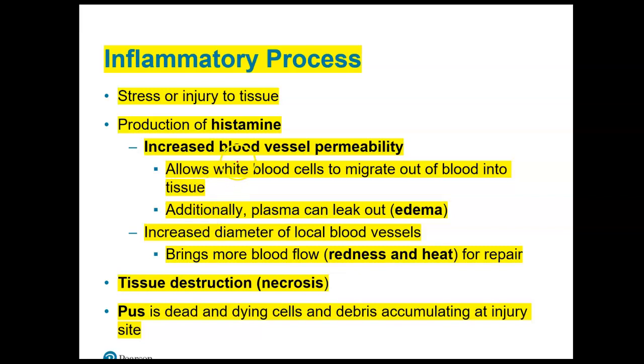Because of this increased permeability, plasma can also leak out, which leads to swelling, or edema. More blood flow to the area causes the redness and the heat. The swelling comes from the leakage, and the pain is from the swelling.